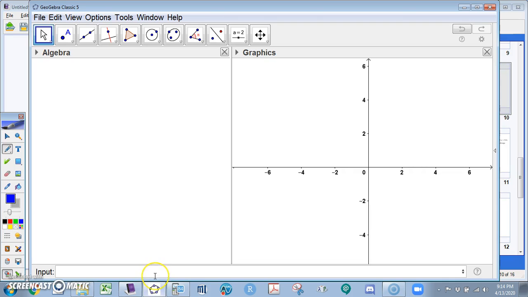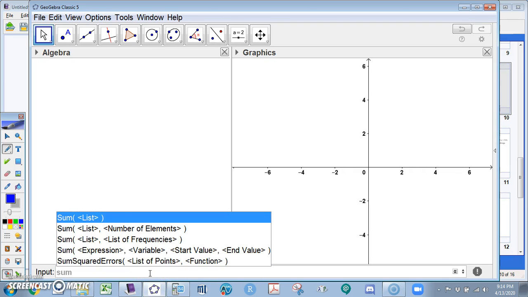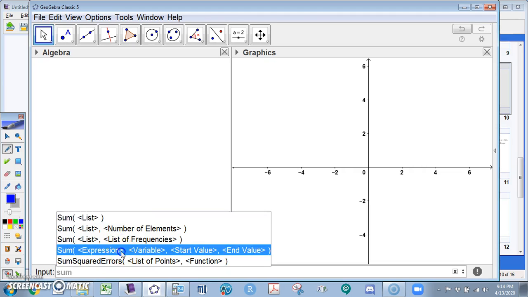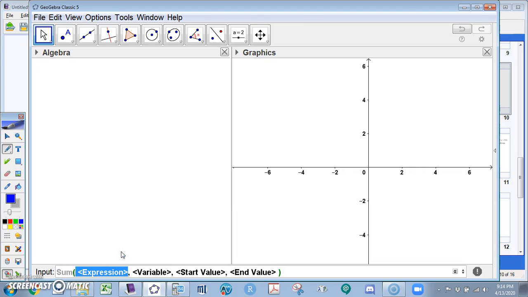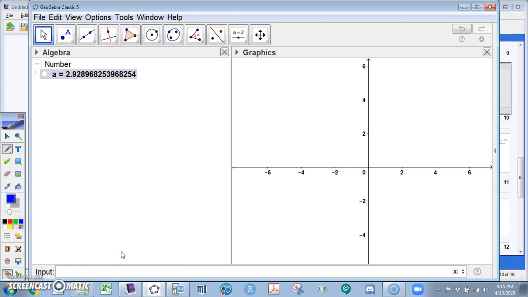I'll use GeoGebra this time to show how to do a sum on there. So let's find the sum. Going to use this one. The expression is 1 divided by n. That's just as easy to type on a keyboard, so I'll go ahead and go with n. I'm using the variable n in that expression. We're starting at 1, and I'll first find the sum of the first 10 terms.